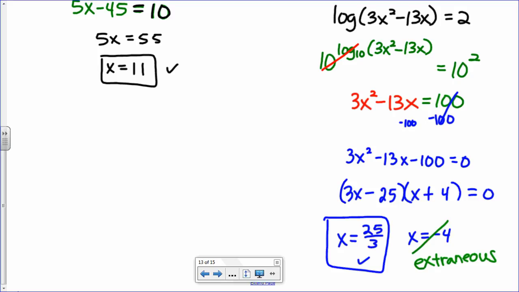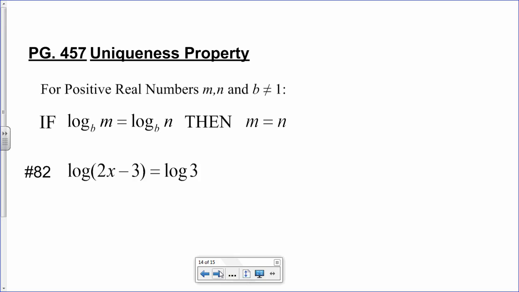All right, we're going to look at another property. The uniqueness property with logs is like the uniqueness property with exponents. If you have it, it makes things pretty simple.